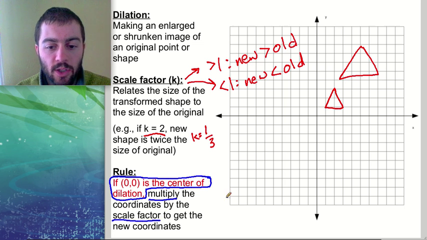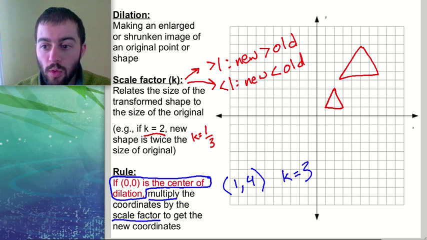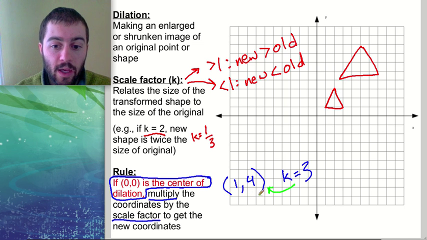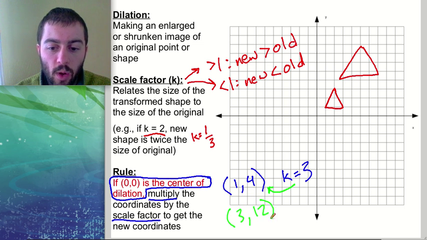So if we had a shape that had a coordinate of, let's say, 1, 4, and we had a scale factor of 3, then to get our new coordinates, all we would have to do is multiply the original coordinates by the scale factor. So in this case, our new coordinates would come out to be 3, 12.